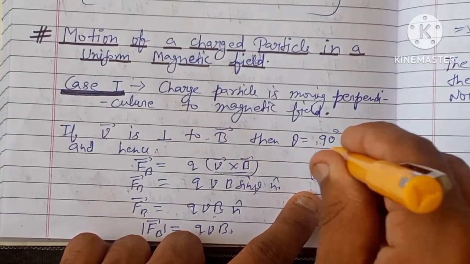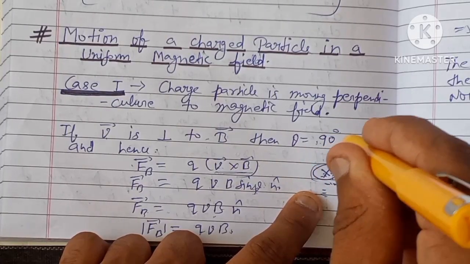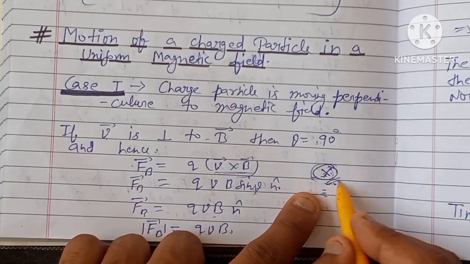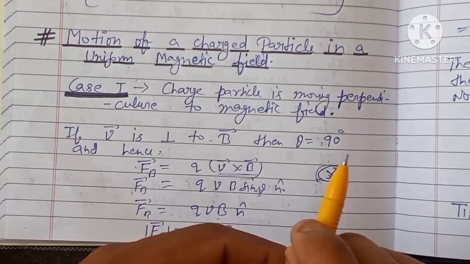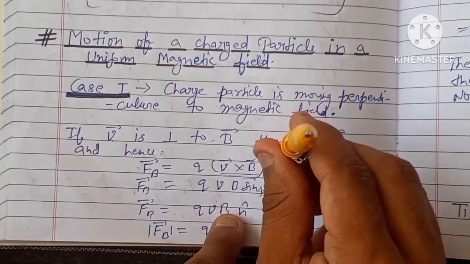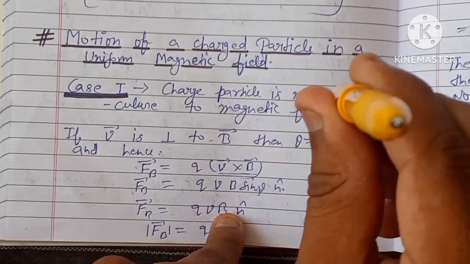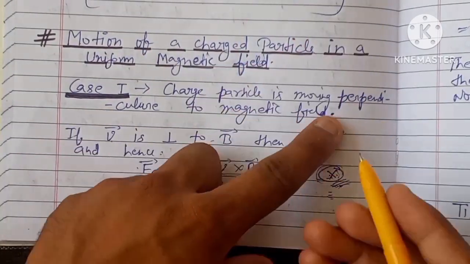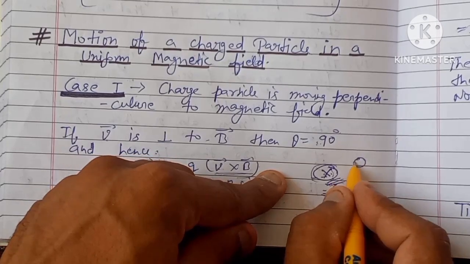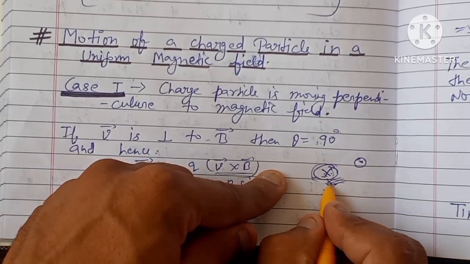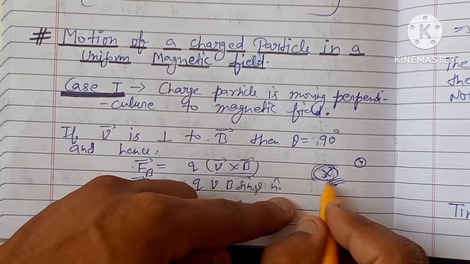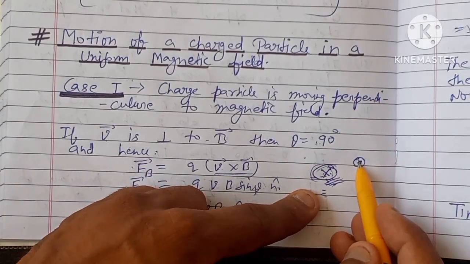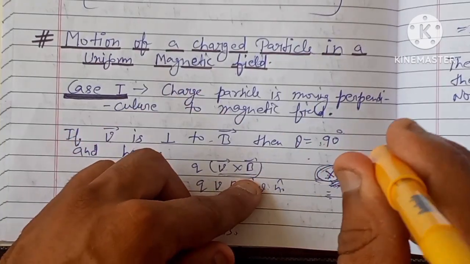So for the magnetic field going into the page, we will take this symbol. And for the magnetic field coming out of the page, we will introduce another symbol, that is a dot. So this is called cross, this is called dot. Cross for the magnetic field going into the page, and dot for the magnetic field coming out of the page.